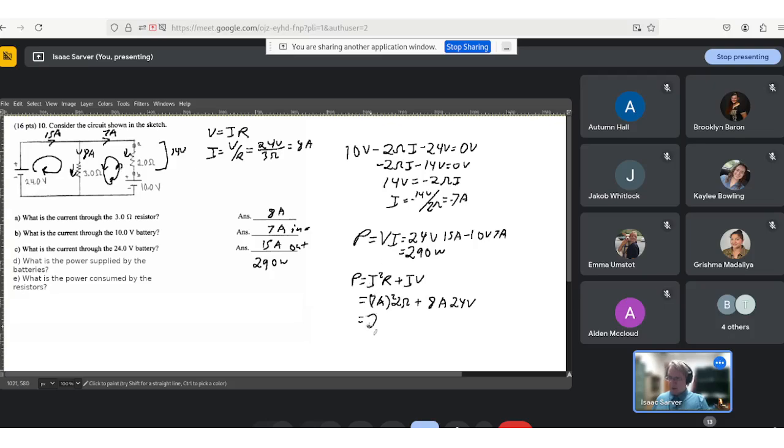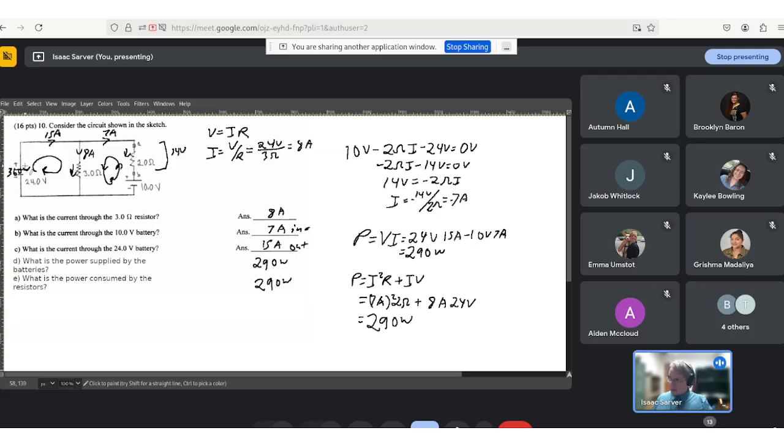Huzzah. I am delighted. I got it right, or at least I did not produce answers that don't make sense. So this one over here is making 360 watts.